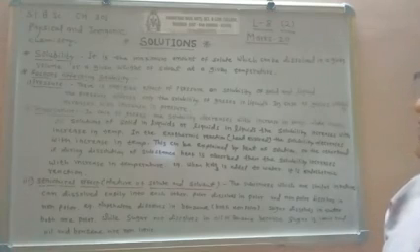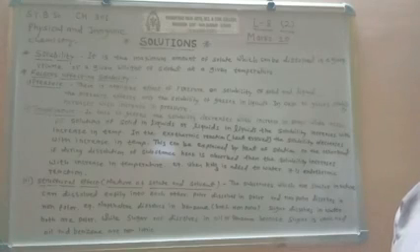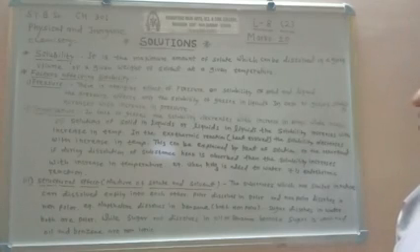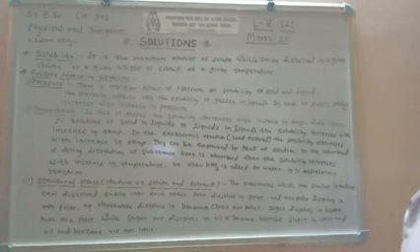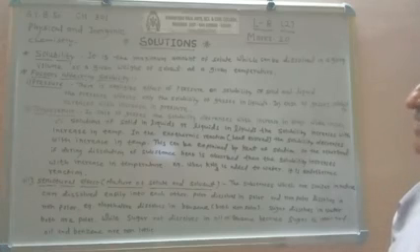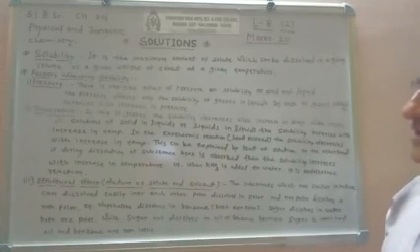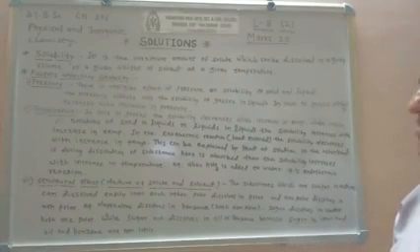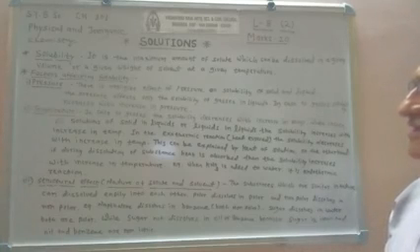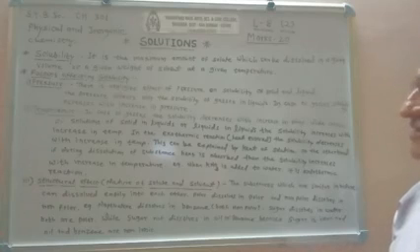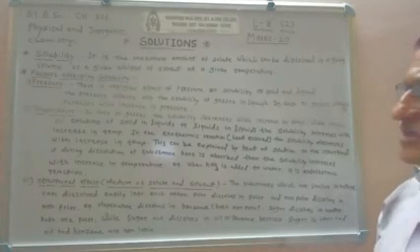There is a negligible effect of pressure on the solubility of solids and liquids. But the pressure affects the solubility of gases in liquids and liquids in gases. In the case of gases, solubility increases with increase in pressure.